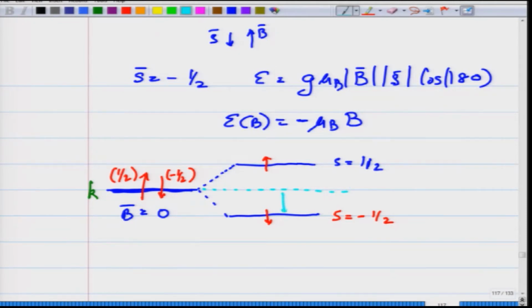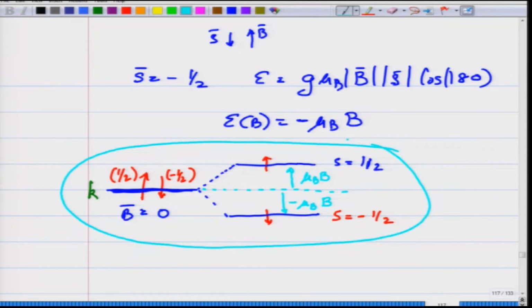So this is minus mu B into B, the Bohr magneton into B, and this goes up by plus mu B into B. And this is how an electron with spin degree of freedom, when you introduce the spin into the considerations, this is what happens to the electron.